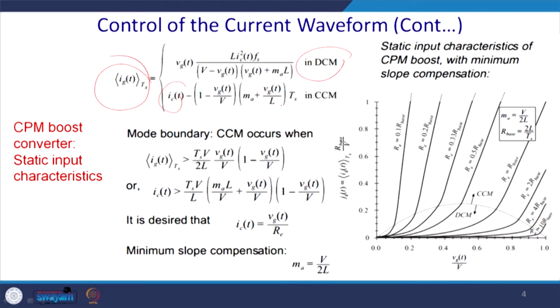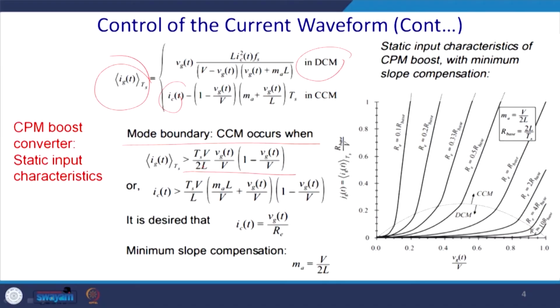What we can say is that at the boundary condition, that means when the transition occurs from CCM to DCM, then IG of T of Ts has to follow this logic. If it is equal, then it is at the boundary condition; if it is more than, it is in CCM.